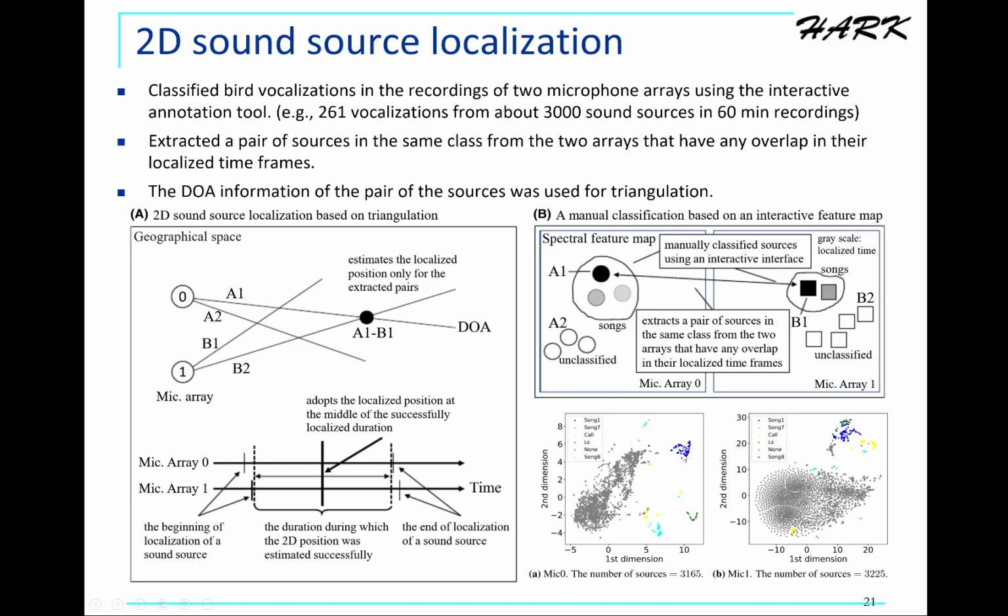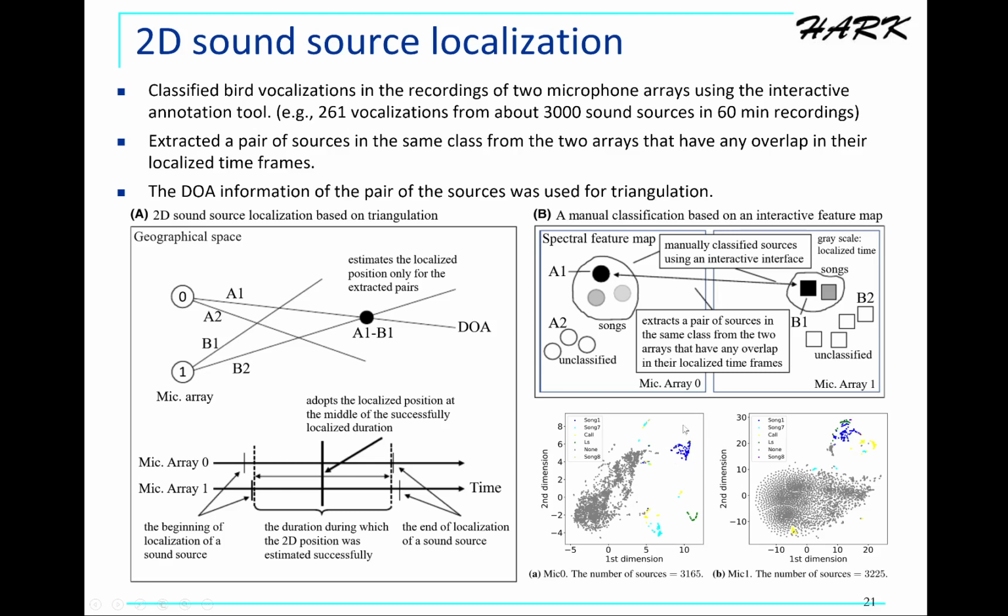And as you see, there are some clusters, and colored clusters correspond to the vocalization of individuals and the vocalization types. So you can easily see that these are the same type. We have to classify it manually, but we can quite easily identify the clusters.